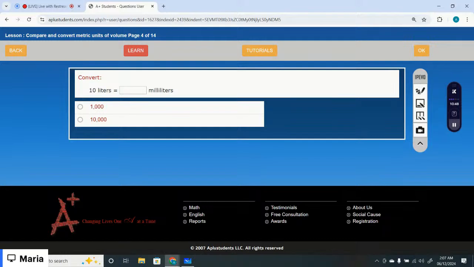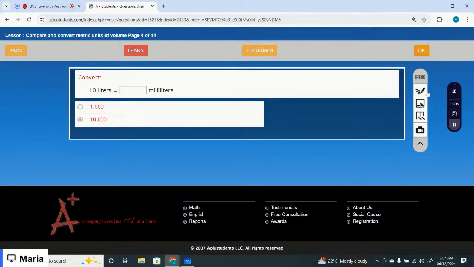10 liters equal how many milliliters? 10 liter equal 10,000 milliliters.